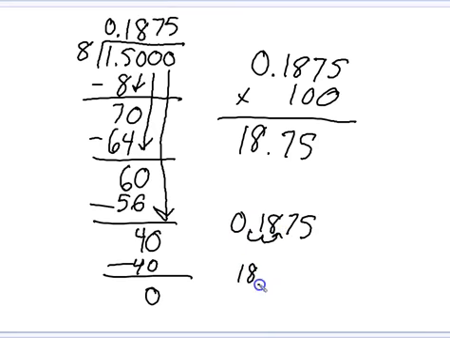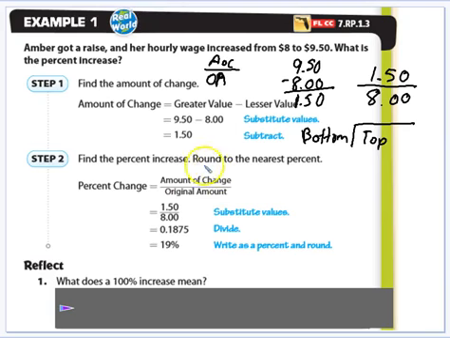So I get 18.75. But we're not done because it says round to the nearest percent. That means the nearest whole percent.